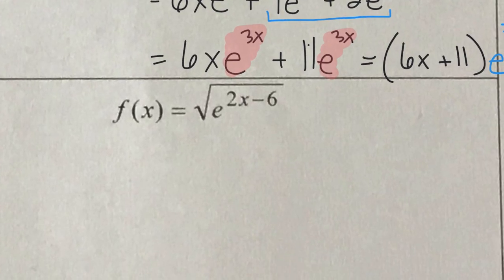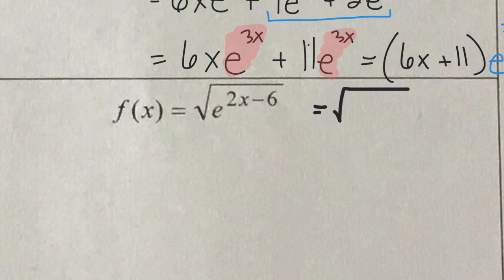Okay, so this one is definitely a chain rule problem. So what is our outside most? The outside most is a square root, right? So at its heart, this is a square root derivative. It's the square root of e to the 2x minus 6.